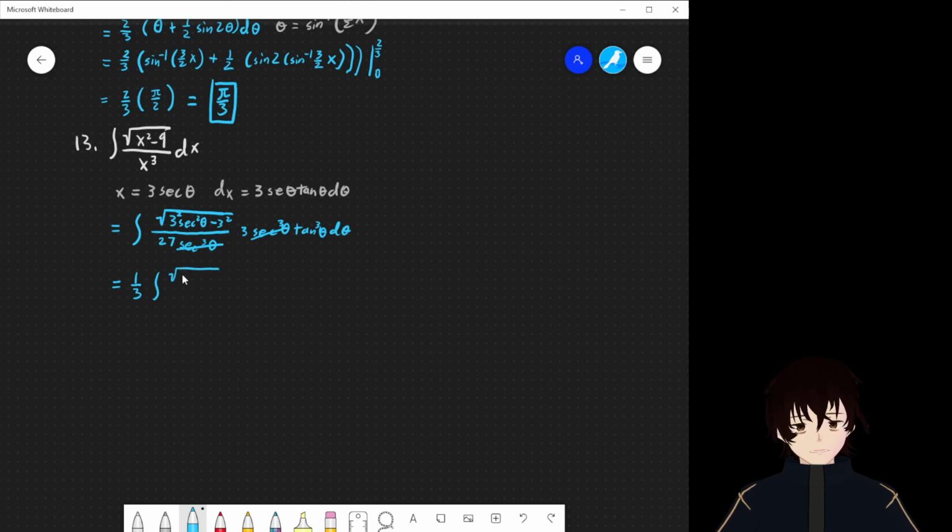It feels good writing on this thing. minus 1, which turns into tangent squared theta, which turns into tangent theta. We already took the 3 out, so there's no need for that.